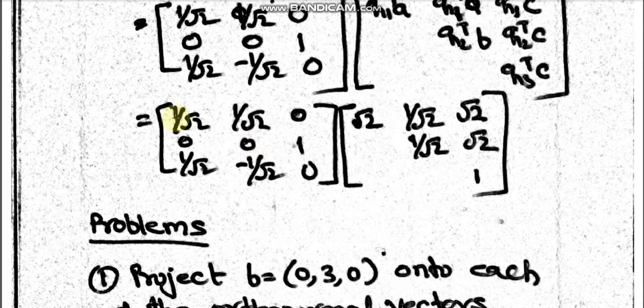You can just check: 1 by root 2 into root 2. If I multiply the first row of Q with the first column of R, 1 by root 2 into root 2 becomes 1, and then 1 by root 2, 0, 0. So the first value is 1.